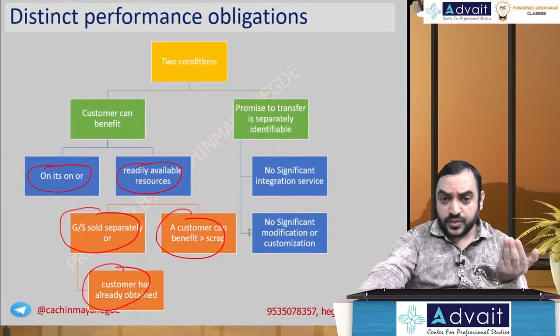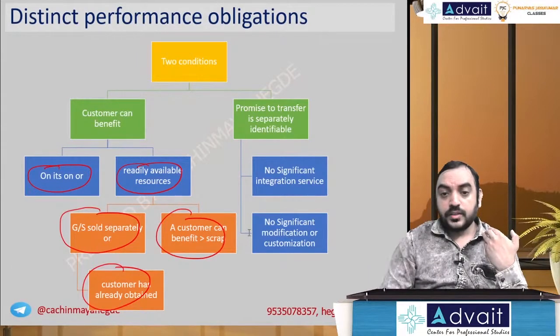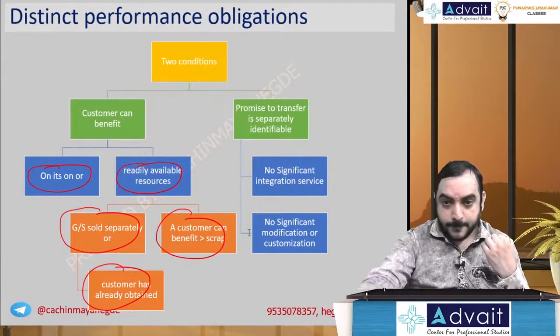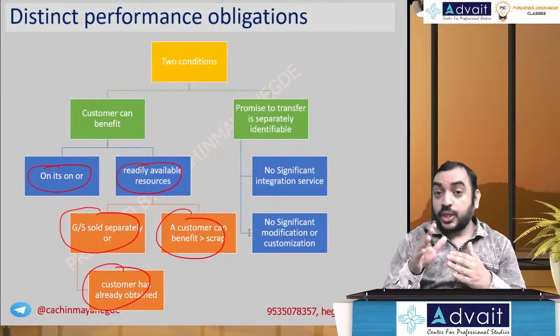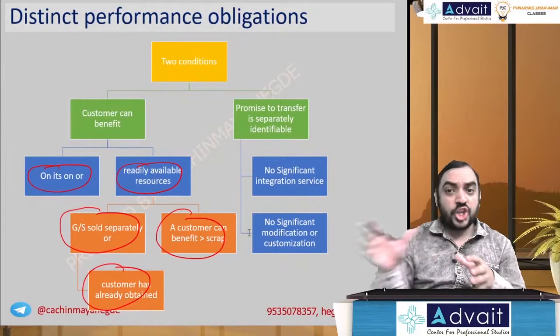Are there any conditions that you have to use the routers and modem from this company only? Not there. And can the customer benefit on its own? The answer is yes. Why? They can sell it in the secondary market, and not at scrap value. They can get a reasonable sale price at least, not a scrap value.